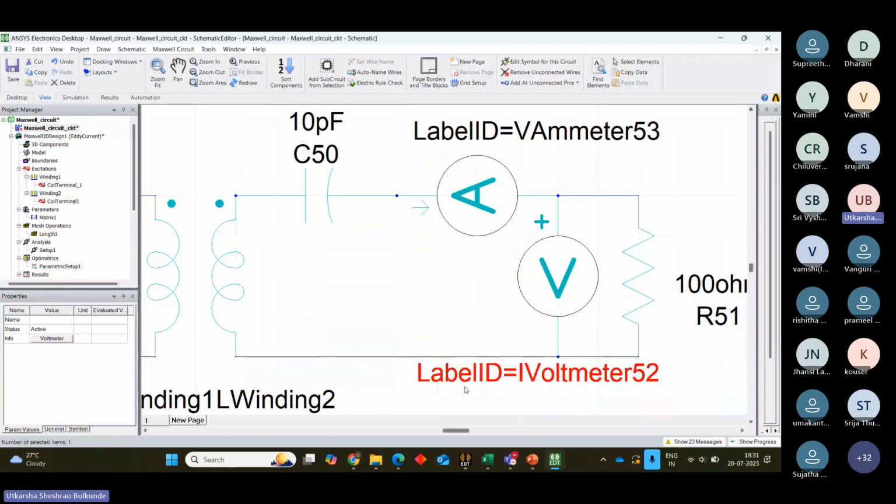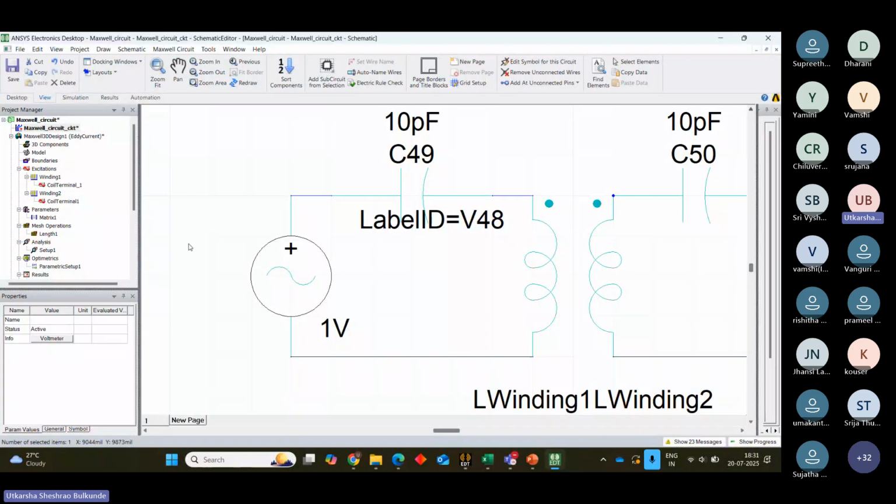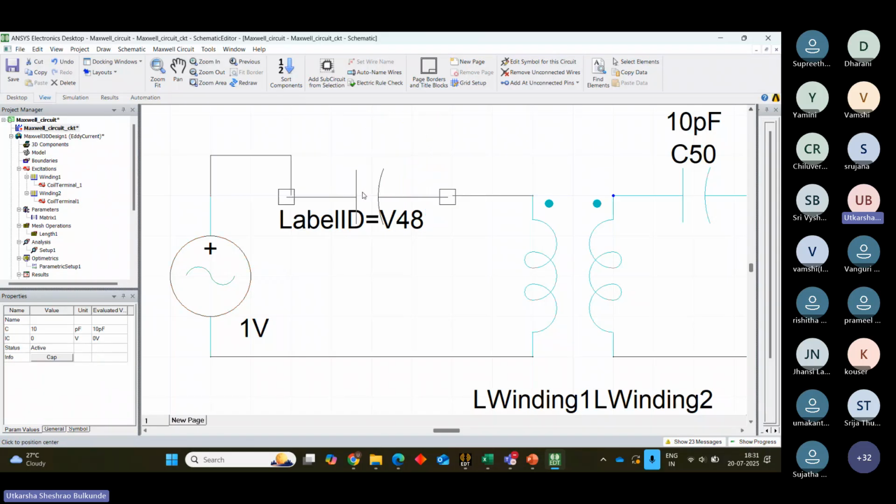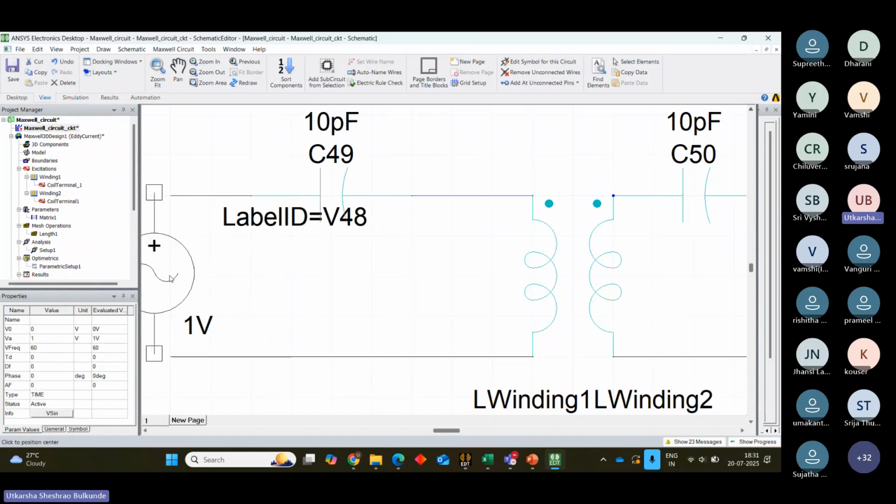This voltmeter 52 will give you the output voltage. Ammeter 53 will give you the output current. If you want to see your input current and all, you can also place one ammeter here.